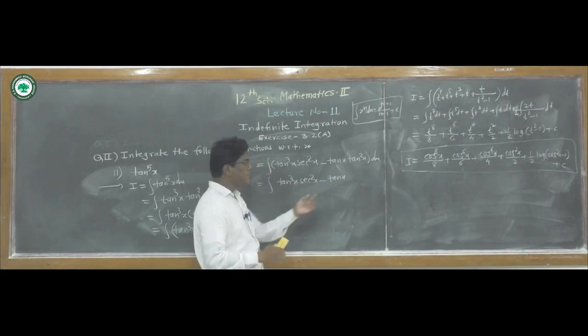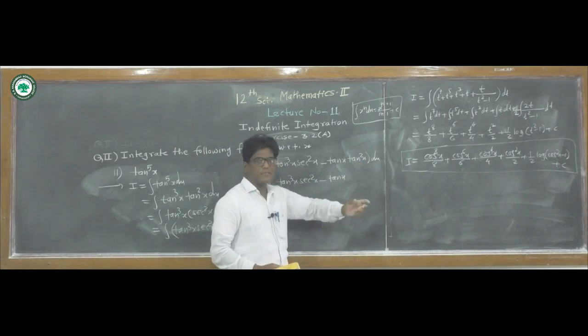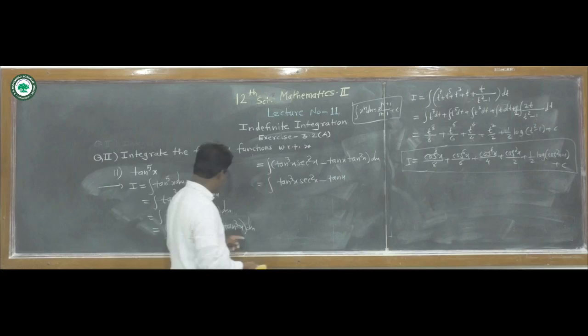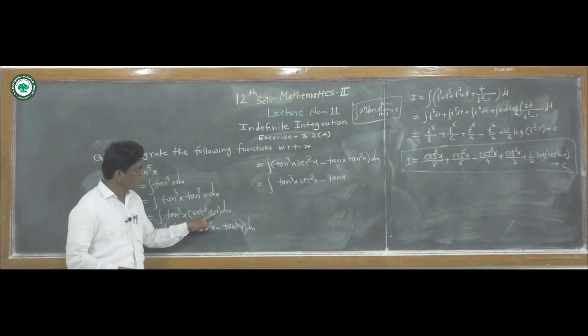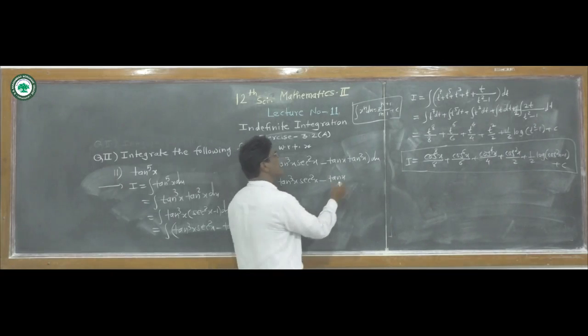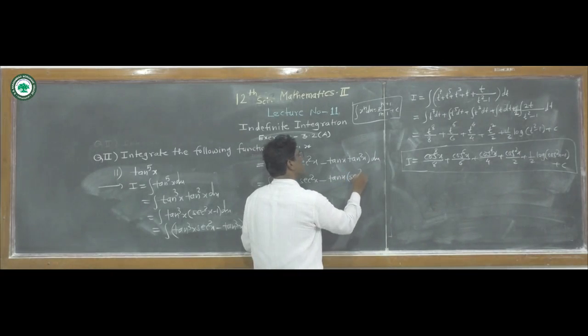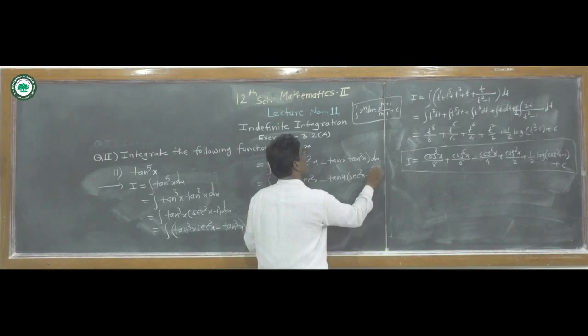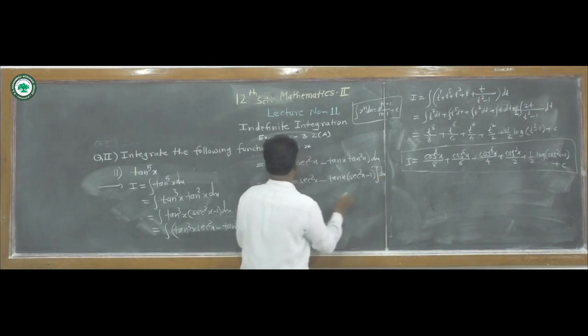Now here again replace tan square x using the second fundamental identity, it is sec square x minus 1. So we write here sec square x minus 1 and take here a square bracket dx.